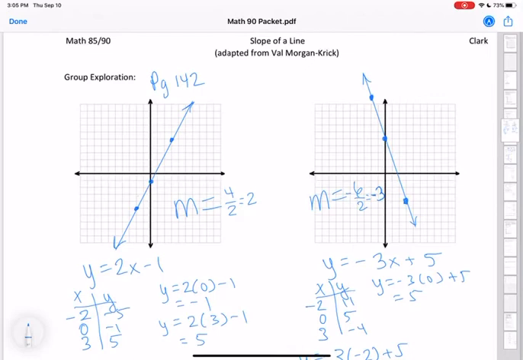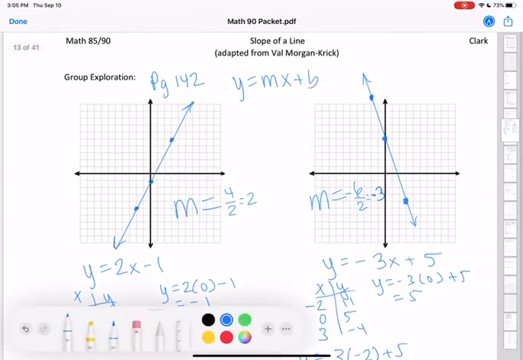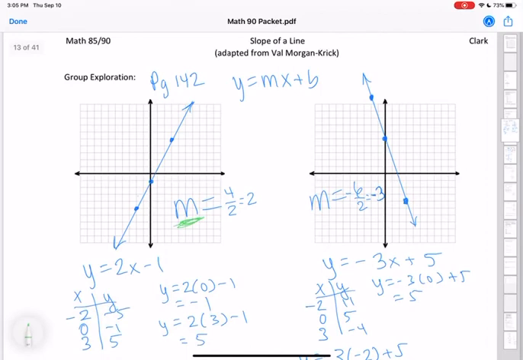Remember, we've also talked about y equals mx plus b. Watch this, this is one of my favorite parts. See how I have m? See where m is in the formula? What is m in the first one?